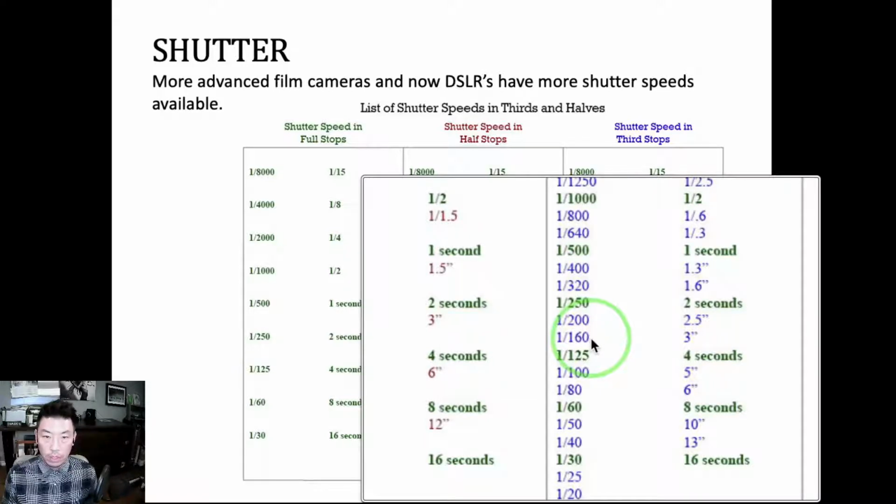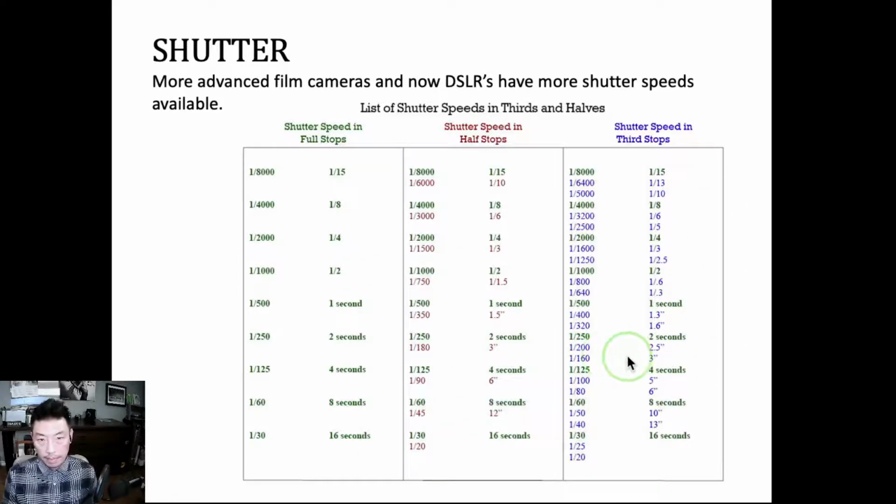Okay, so the idea of a stop is a measurement of light, and it's either going to be twice the amount or half the amount, depending on which way you're going, either opening up your lens or closing down, or you're slowing down your shutter speed or increasing the speed.